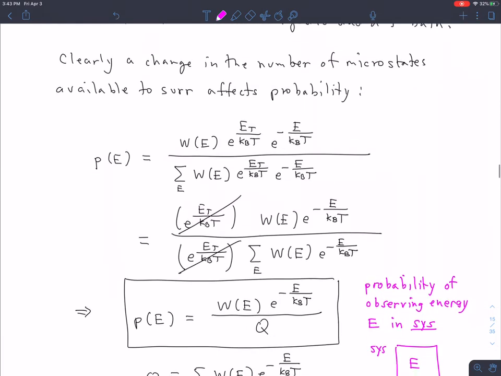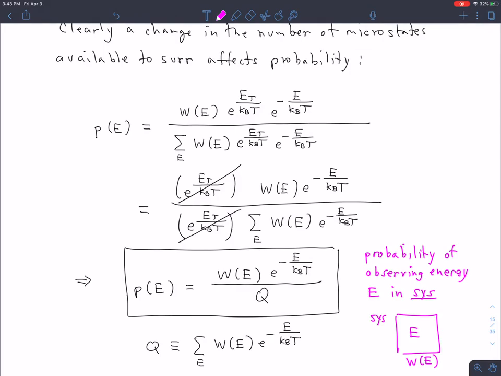All right. The rest now is just algebra. This is W of the surroundings, and I've just plugged it into the expression I got earlier for the probability of finding energy E. And now this is just a constant up here. We can factor it out. It's also a constant inside this sum, right?